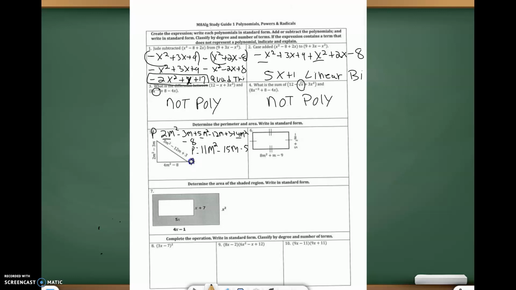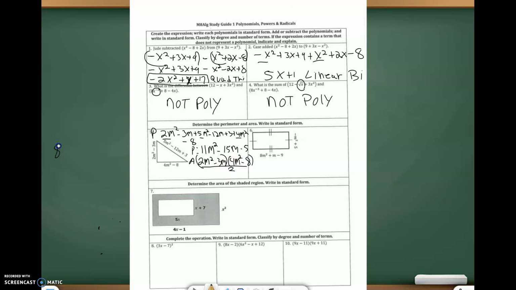So for the area, it's going to be base, right, times height, and then I'm going to divide that by 2. Okay. So I'm going to kind of do that on the side here.